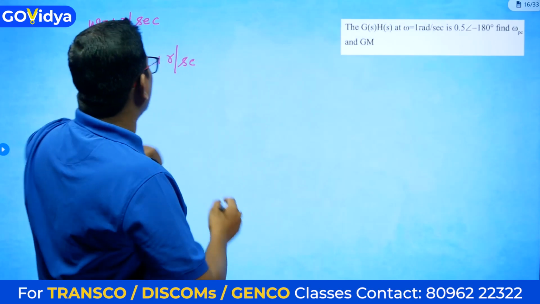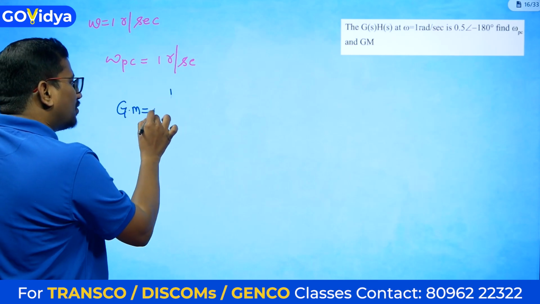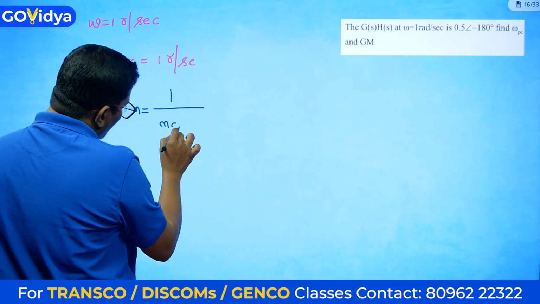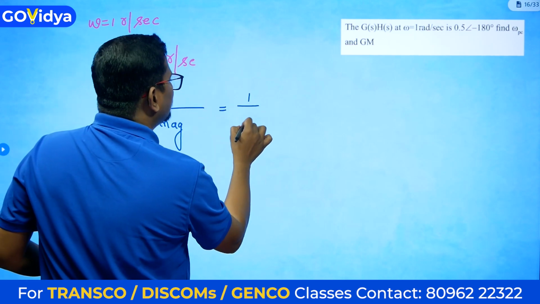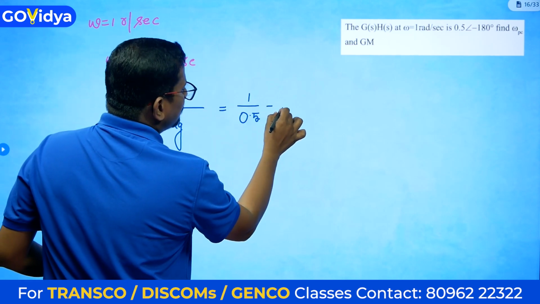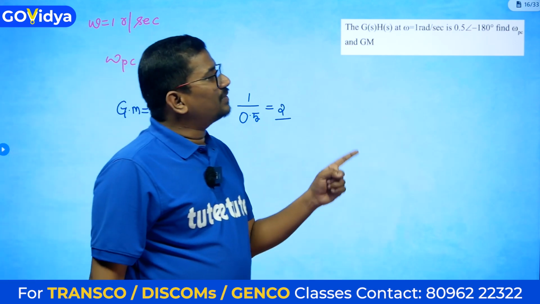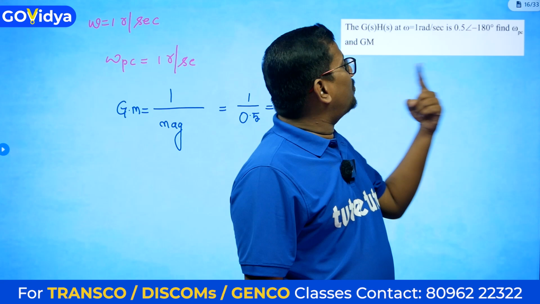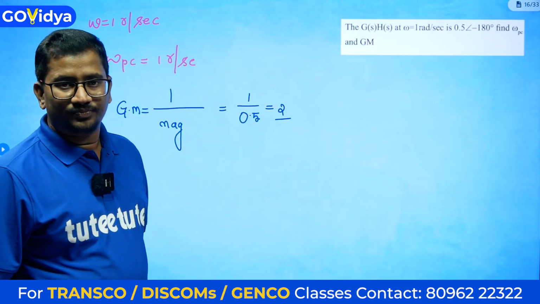The gain margin is the reciprocal of the magnitude. So 1 by 0.5 is equal to 2. Therefore the phase crossover frequency is 1 radians per second, and the reciprocal of the magnitude, the gain margin, is 2.